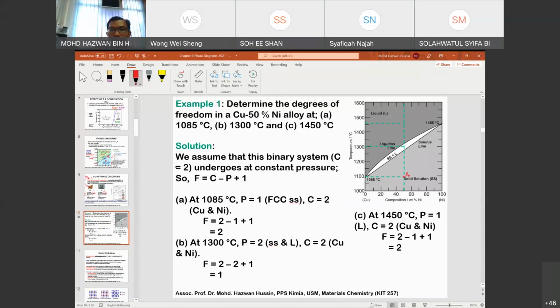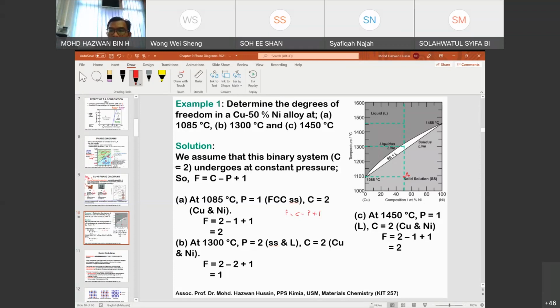Okay. So what will be the degree of freedom? We are using this formula. F is equal to C minus P plus 1. This is actually the formula that we are following. So, composition at point A. What will be the composition?